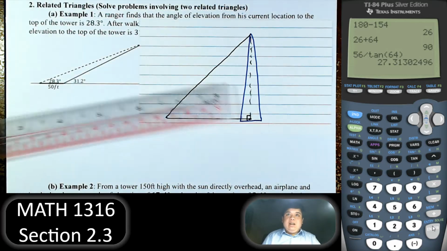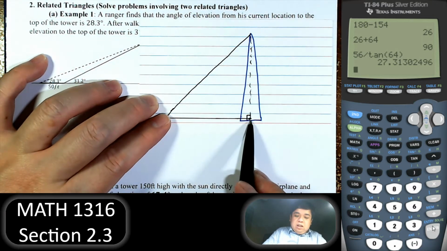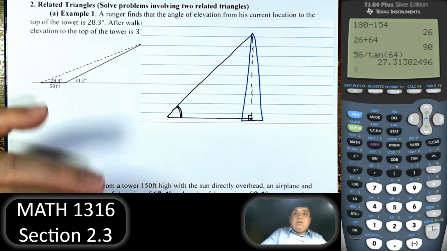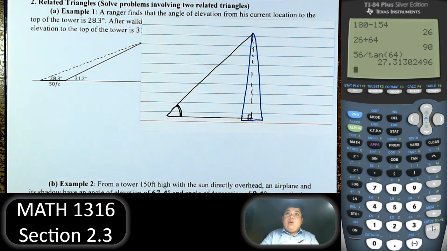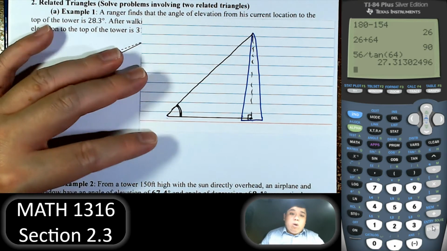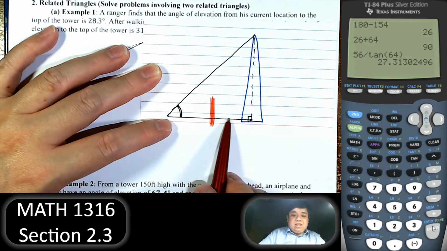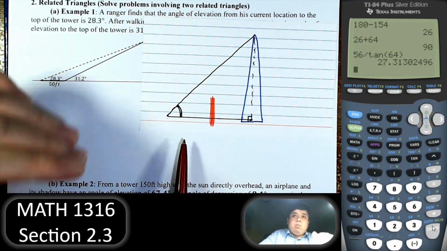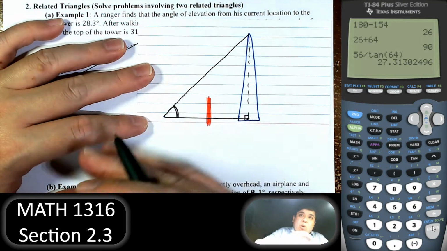That easy, right? If we know this side and the angle of elevation, we can find the height of the tower easily. The problem is we don't know where the base of the tower is. More important, let's say there's a fence right here. We cannot walk through the fence to the base of the tower to measure that distance. So that is impossible. So the way we do that is we either step forward or step back.